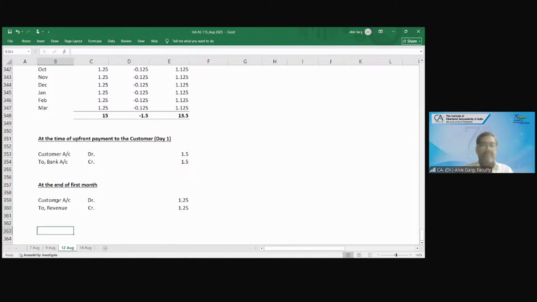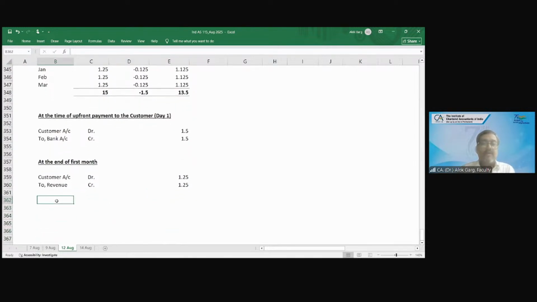Now, second entry. What is my second? Now, of course, my revenue is not 1.25 and I am not required to receive this 1.25. So, revenue account debit. I will debit my revenue by what amount? 0.125. 1.5 crore divided by 12.